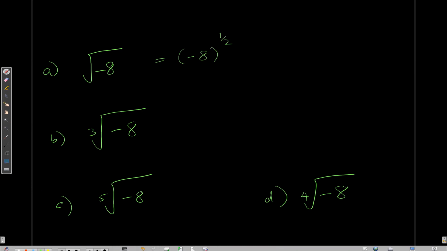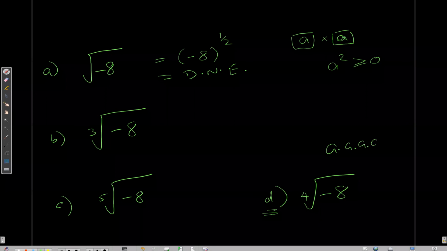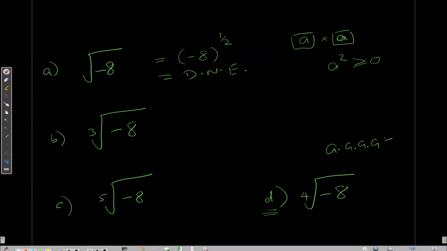Now think about this. When you multiply the same number twice, or a squared, that's always positive. It will never be negative. Because of that, this does not exist. Now let's go to part D. a times a times a times a, that's a to the 4th power. That is also always positive. So this also does not exist.